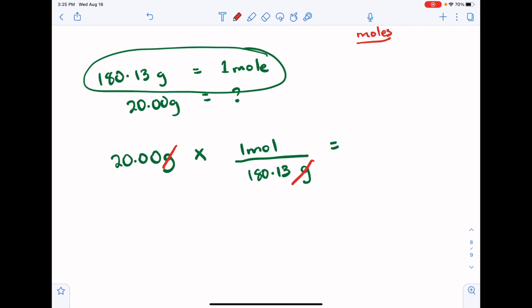So 20 divided by 180.13, 0.1110. Okay, and I'll have 4 significant figures here because the smallest significant figure was 4. Okay, and this will be in the units of moles.